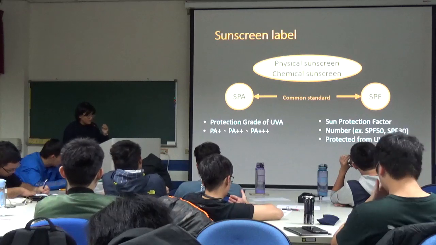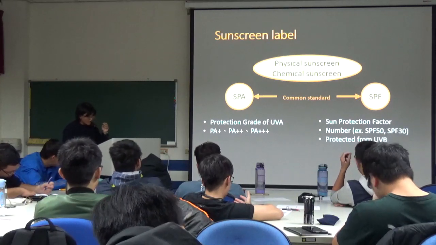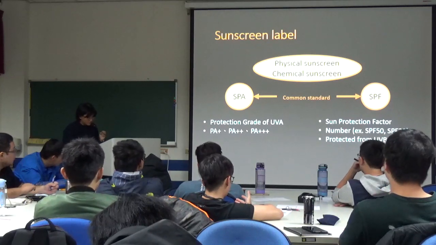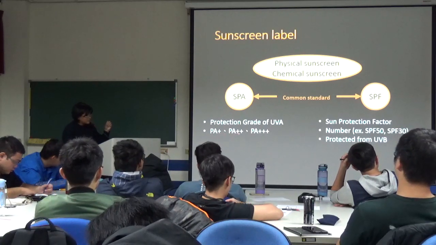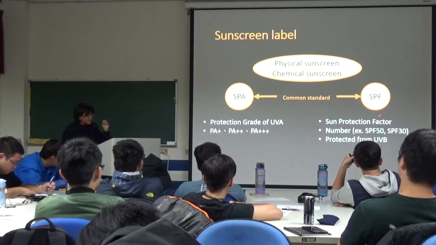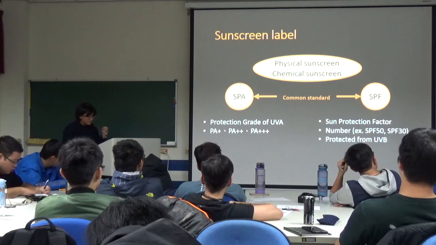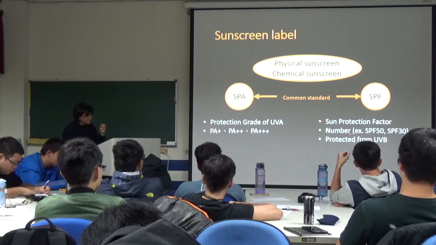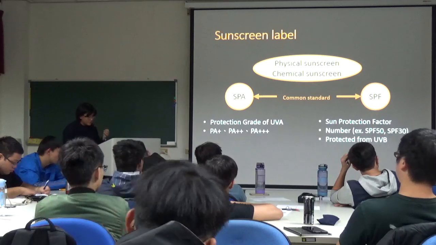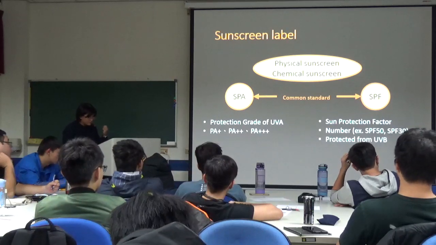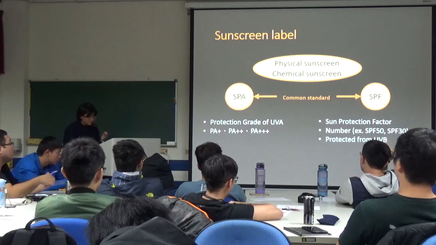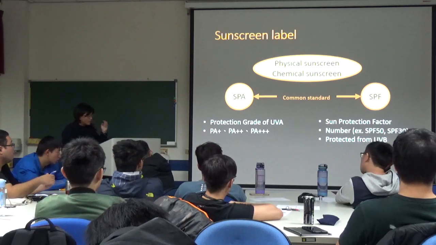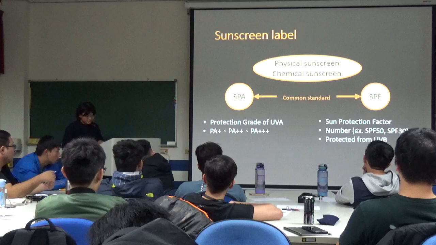UVA is one kind of UV radiation. Its label is PA plus and so on. And SPF means sun protection factor. Its label uses numbers like SPF 50 and SPF 30. It will protect you from UVB. UVB is another kind of UV ray.